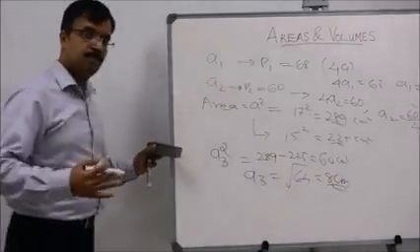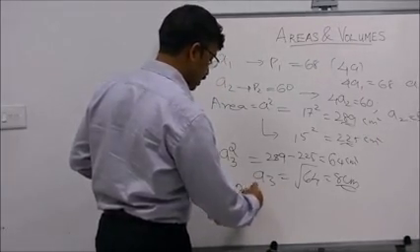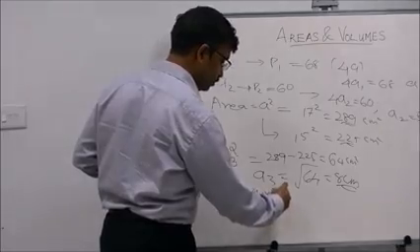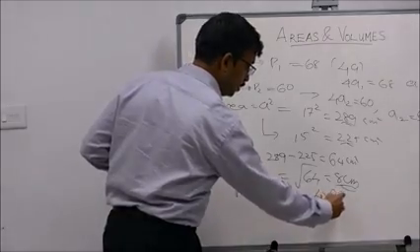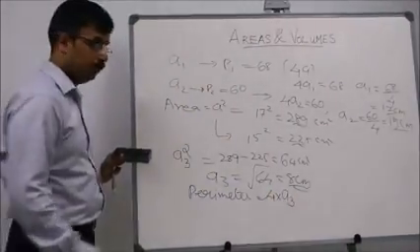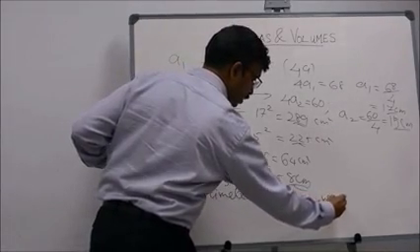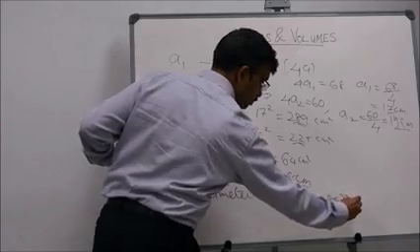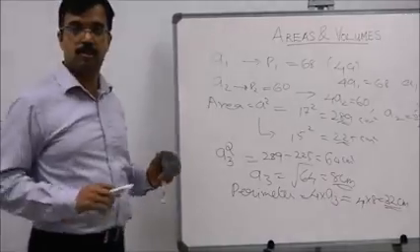Now the question is, what is the perimeter of the third square? The perimeter is equal to 4 times the side, a3, which gives 4 into 8 equal to 32 centimeters. So the option which shows 32 is the right answer.